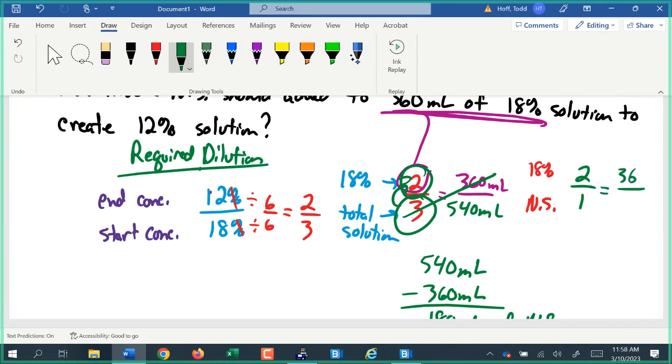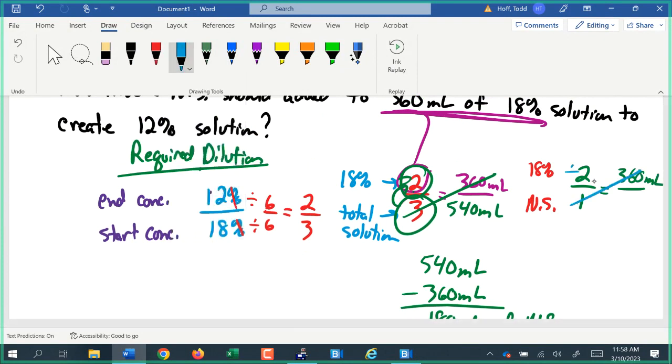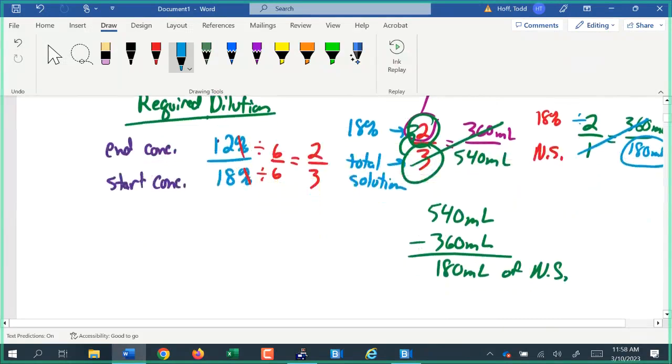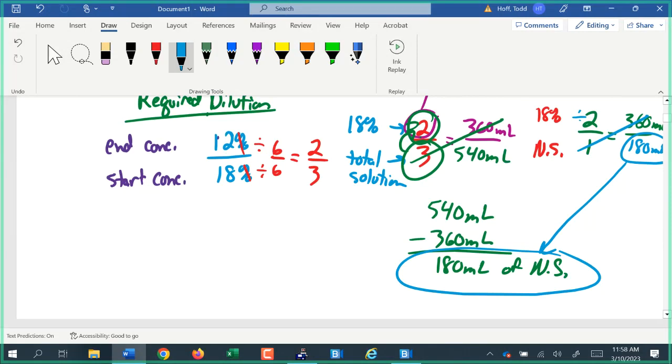And now we can put the 360 milliliters on top. And if we cross multiply and divide, 1 times 360 divided by 2 gives us 180 milliliters. So notice, same result, 180 milliliters of sterile water. It's just a matter of how you prefer to approach it. So using that dilution ratio is a very powerful tool.